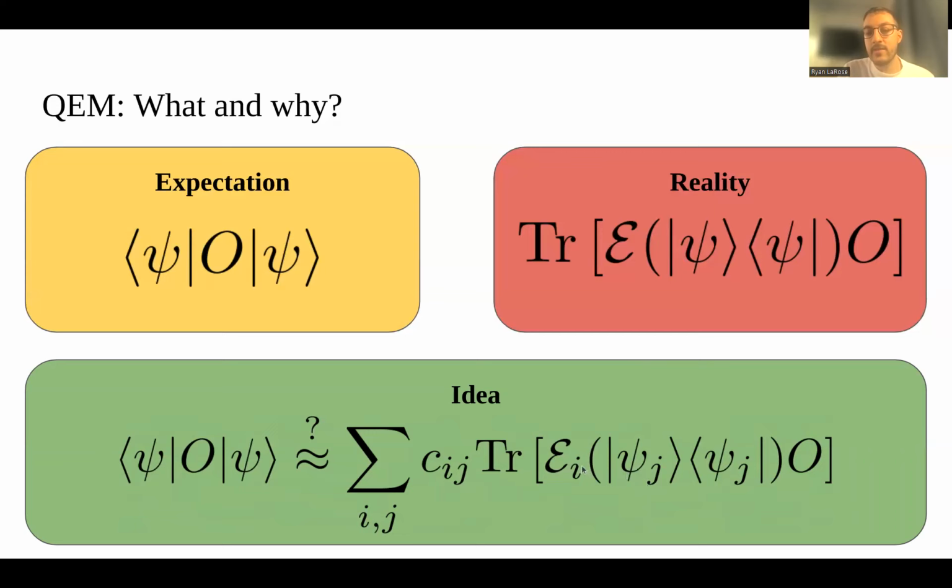And then we can also do something to adjust the noise in the device. It may look weird here to parameterize the channel, but this will be motivated in the first example that I show, zero noise extrapolation. Then once you have this, you can take a linear combination or a nonlinear combination or whatever. Here's the linear combination with some coefficients Cij.